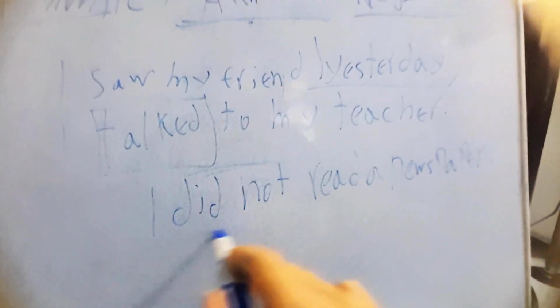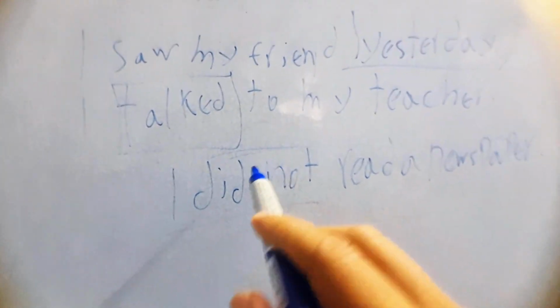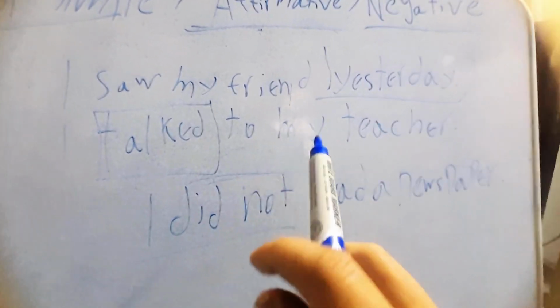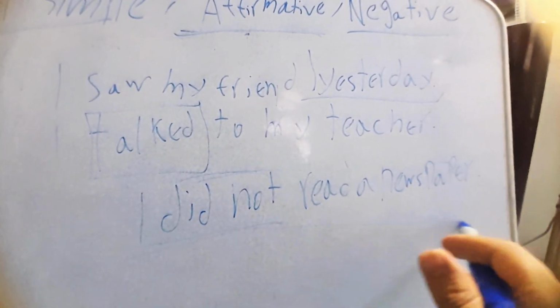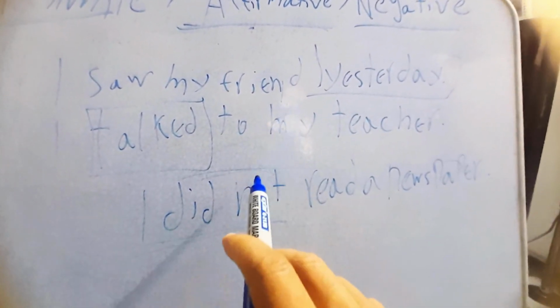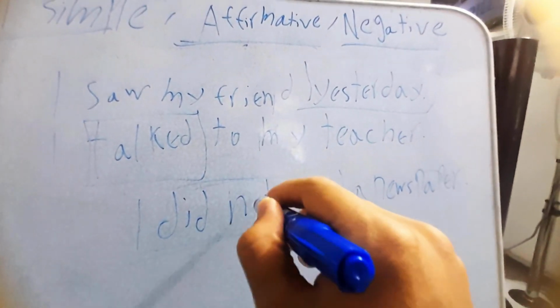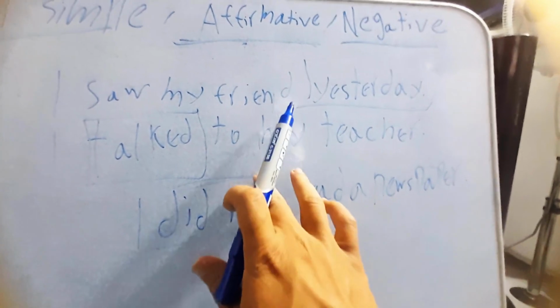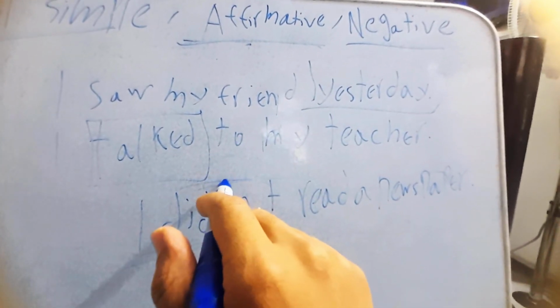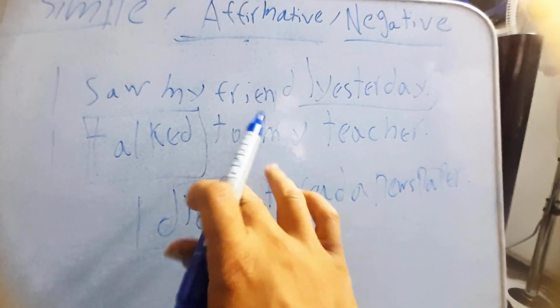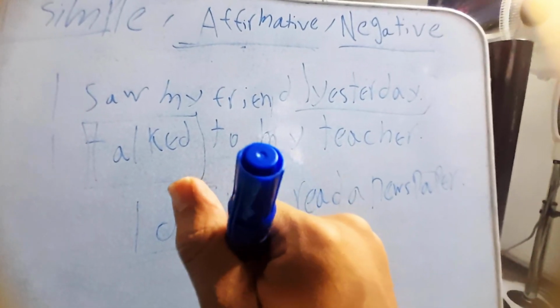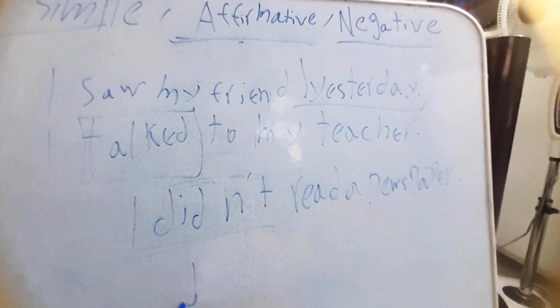I did not is a complete answer, and if you want to make this answer a short answer, you can delete or remove the O here and use an apostrophe between N and T. Didn't.